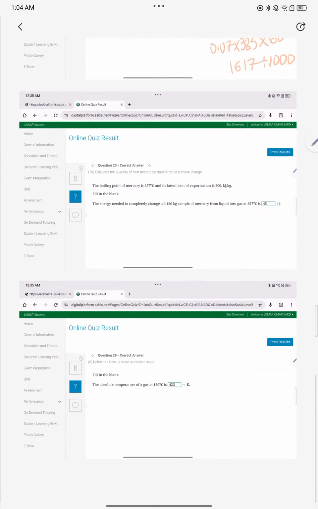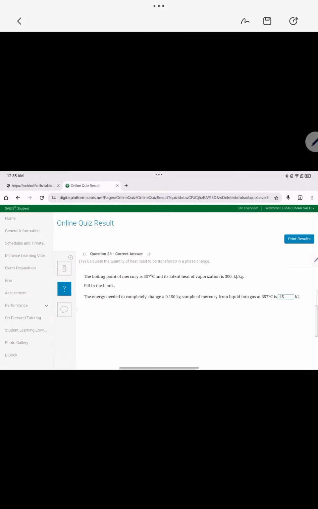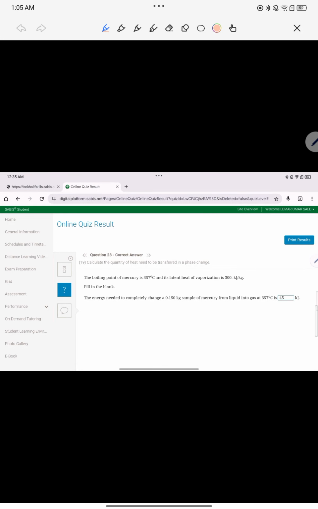Okay, now question number 23. They're asking you. Yeah, okay. Now you have to use this formula, Q equals ml.